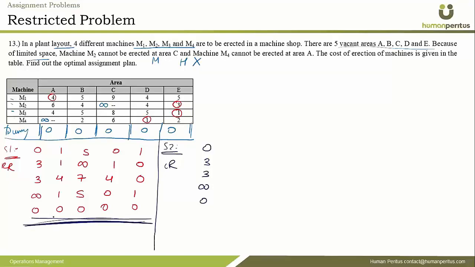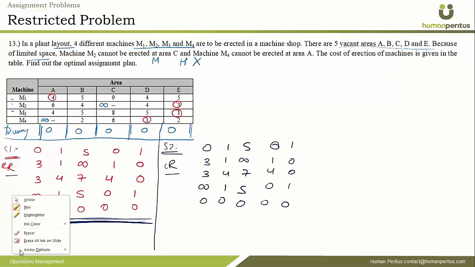So all of these terms will be as they are, since 0 is the smallest value and we subtract 0 from all the terms. 1, 1, 4, 1, 0. 5, infinity, 7, 5, 0. 0, 1, 4, 0, 0. 1, 0, 0, 1, 0. So this is my column reduction, after my row reduction.